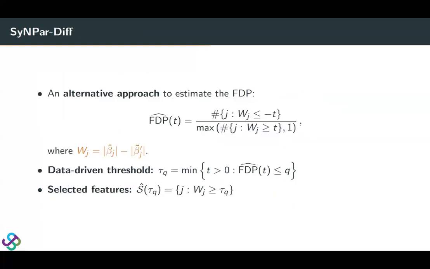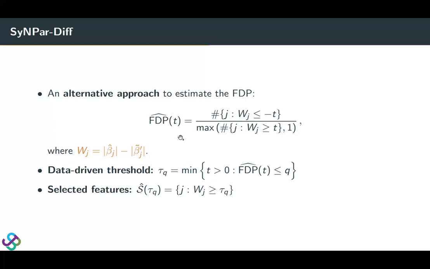There is an alternative approach for doing the thresholding. Instead of directly thresholding the original coefficient parameter estimates' absolute value, we could take the difference between beta j hat absolute value and beta tilde prime j, the inflated negative control absolute value. Thresholding this difference has been widely used in the knockoff procedure. It's the standard way to do that.